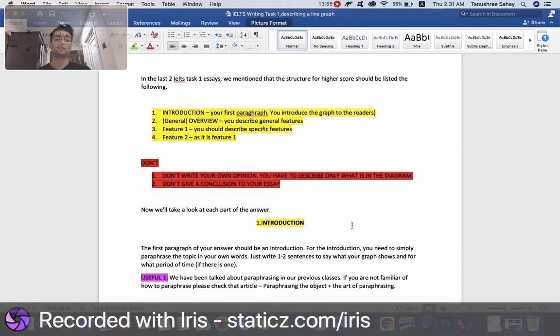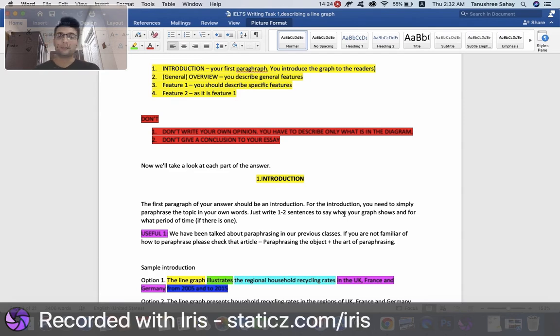You have to describe only what's in the diagram, and don't give a conclusion to your essay, because the conclusion is kind of your personal idea or thought. So writing a personal opinion is not a good thing in task 1. All you have to do is copy what you see in the picture using words in your essay.